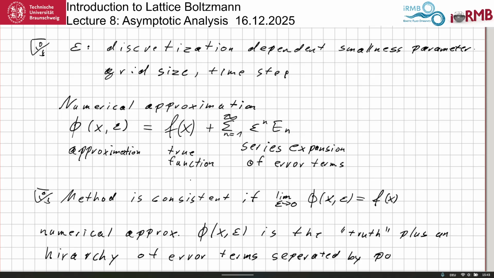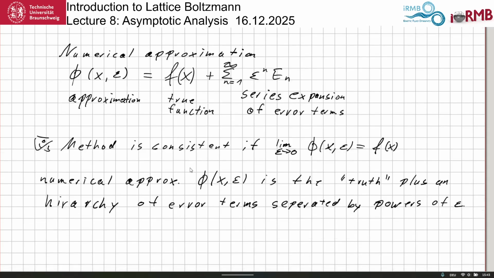So this is how we expand the error in powers of epsilon. By the way, this is again a Taylor expansion around epsilon being 0.